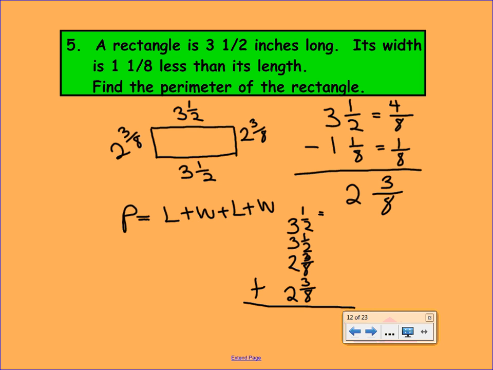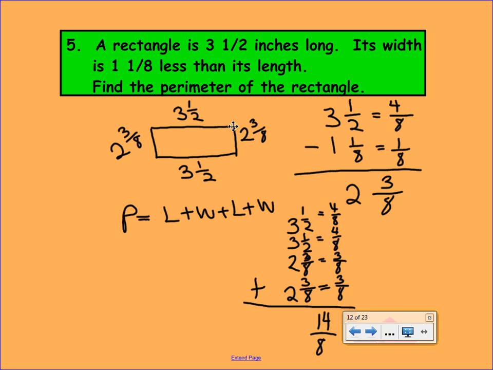My common denominator would be 8, so the halves would be 4/8, and these would be 3/8. And when I add up 4 plus 4, I get 8, and 3 and 3 is 6, and 8 and 6 is 14/8.